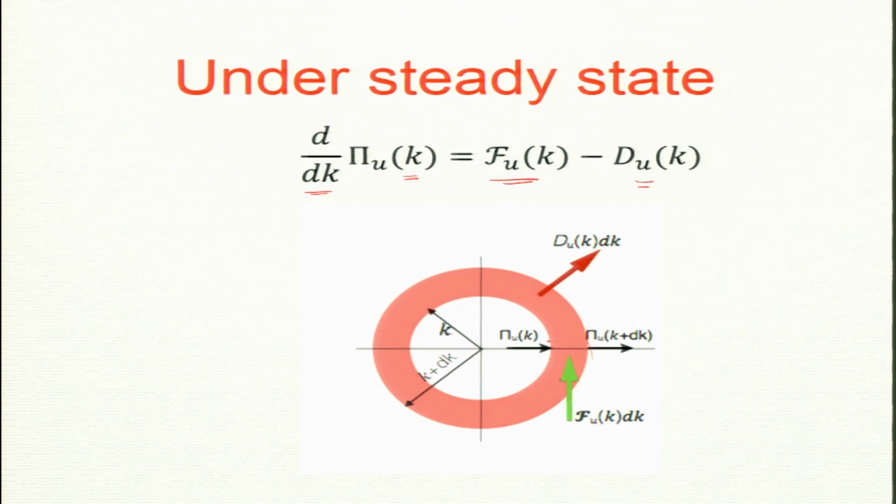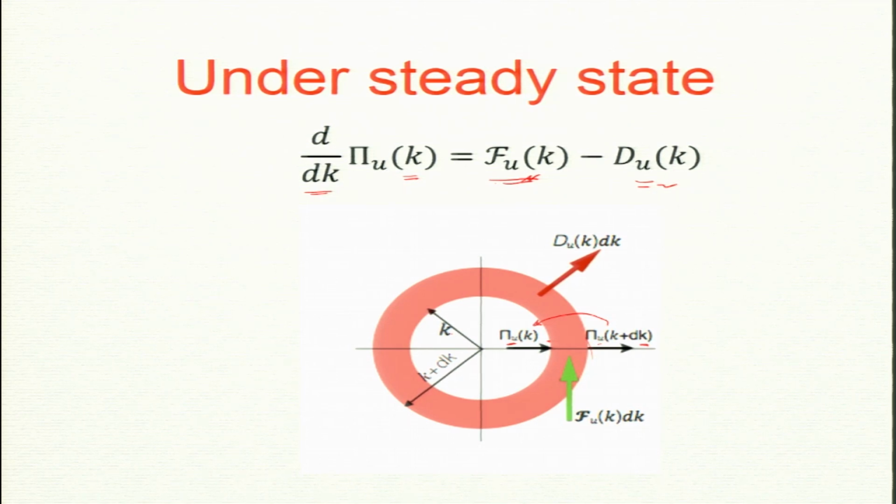So, Π_u here and here can be different, but they will not change in time. This quantity is independent of time. But I know for sure that the difference between these two divided by dk must be equal to F_u minus D_u. So, this is the income and this is the dissipation for this shell.